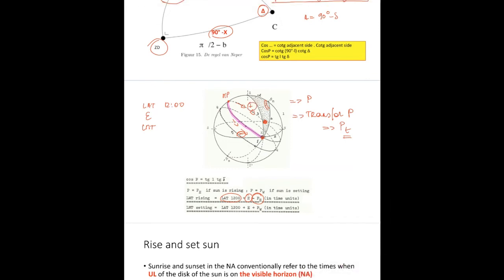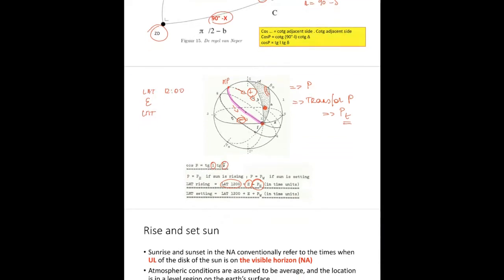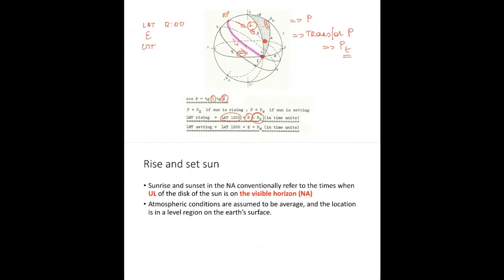Voila, so if we know the time of meridian passage, our polar angle can tell us something about the exact time of sunrise and sunset, okay? But then, of course, we have to know our latitude and our declination, okay? Voila, but we'll do some exercises on this, or we'll be using this polar angle transformed into time when we'll be doing the exercises after the holidays, okay?